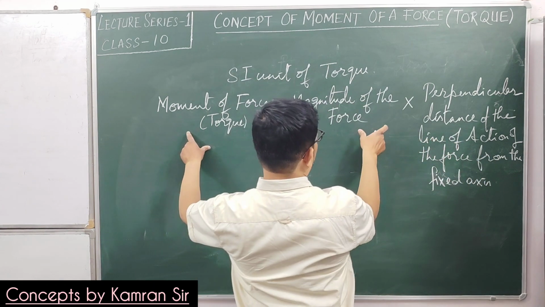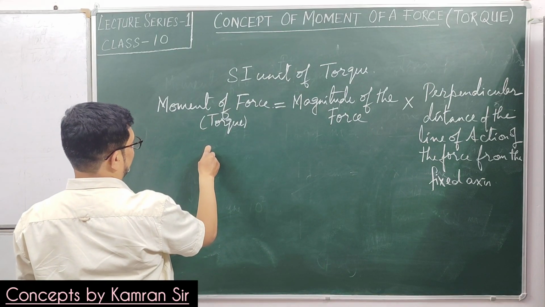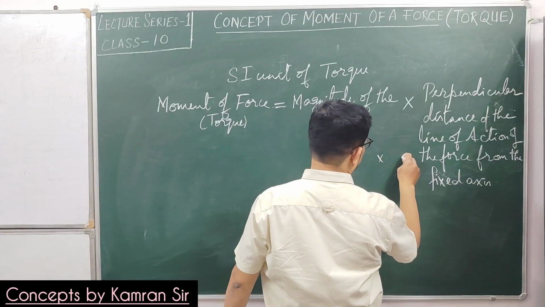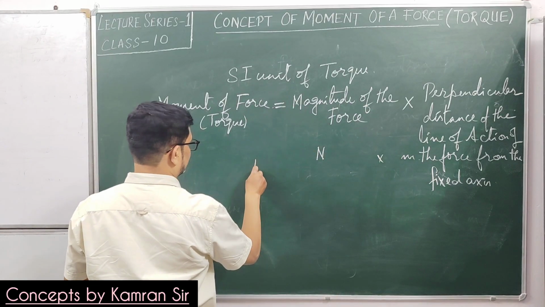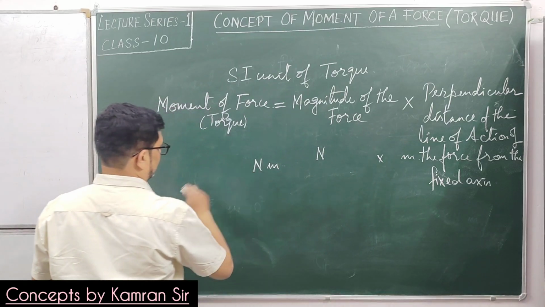So it's a product of these two quantities. So the SI unit would be, this is Newton, this is meter, right? So the SI unit is 1 Newton meter for torque.